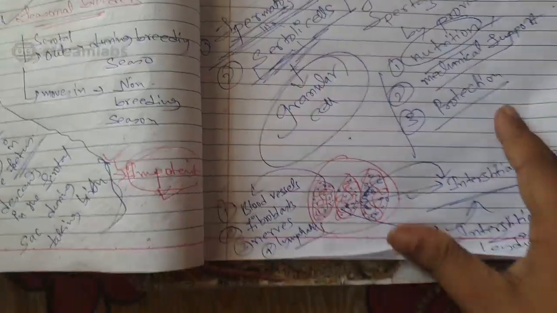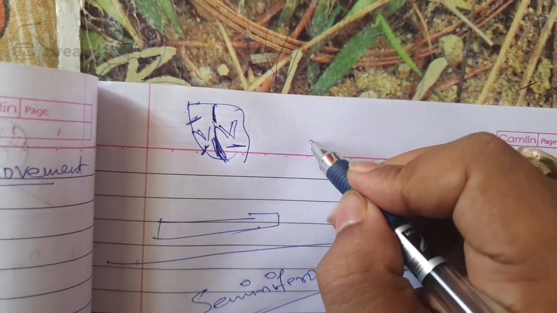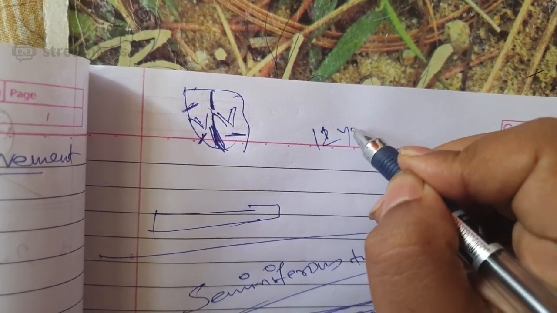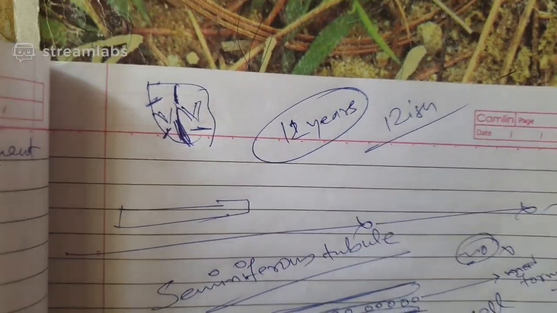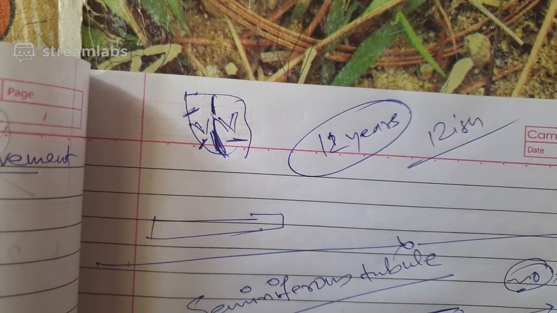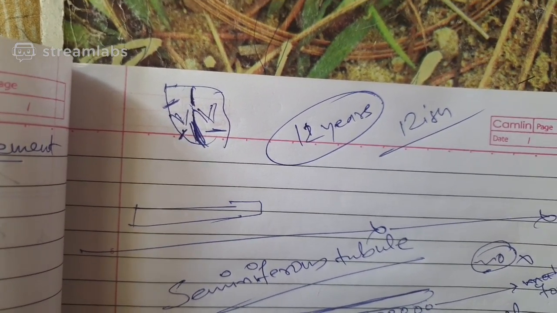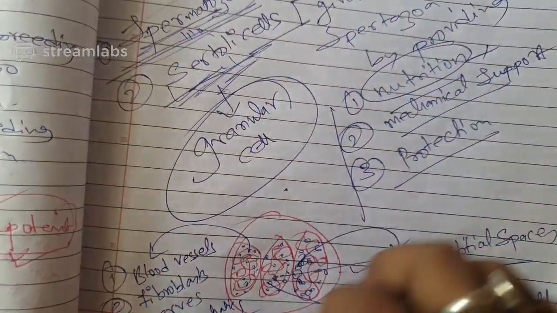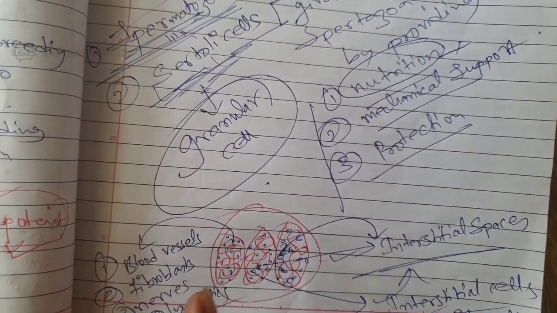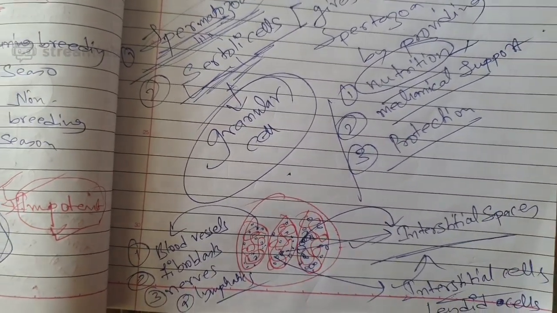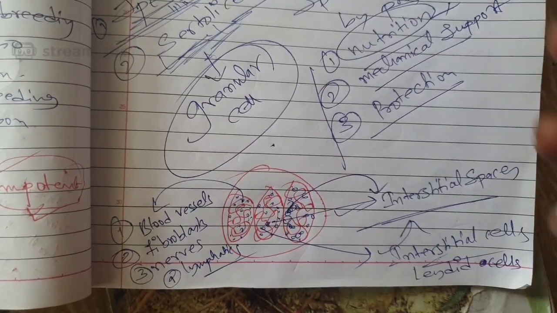Please don't forget that until the age of puberty, when sperm production begins at the age of 12 years or so for boys, these structures are there, but the interstitial cells, the Leydig cells, do not become activated until then.